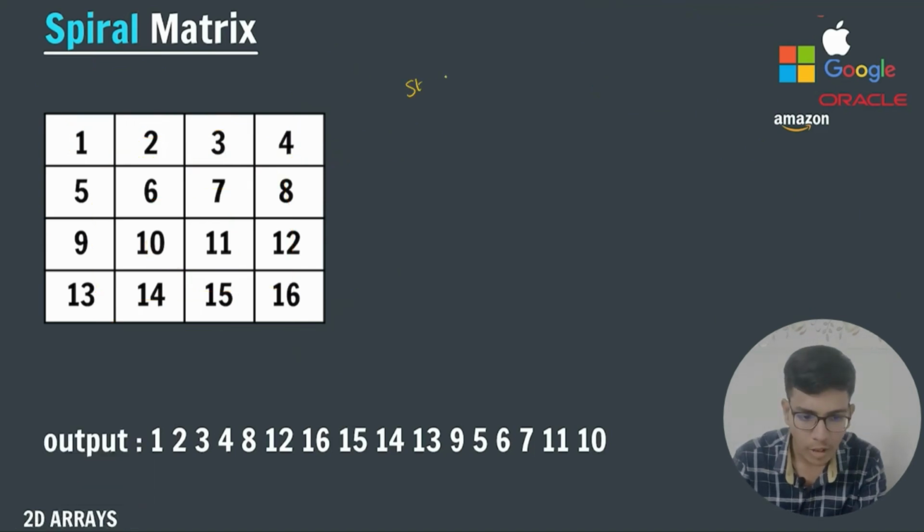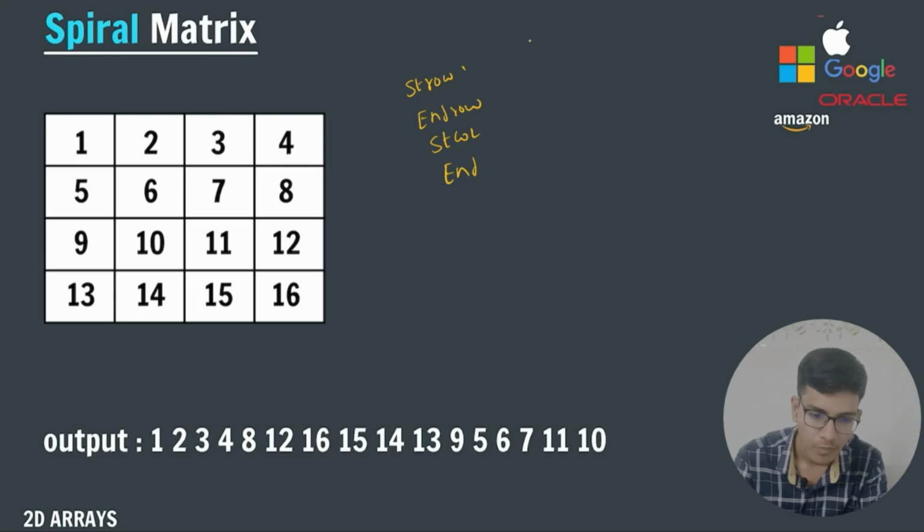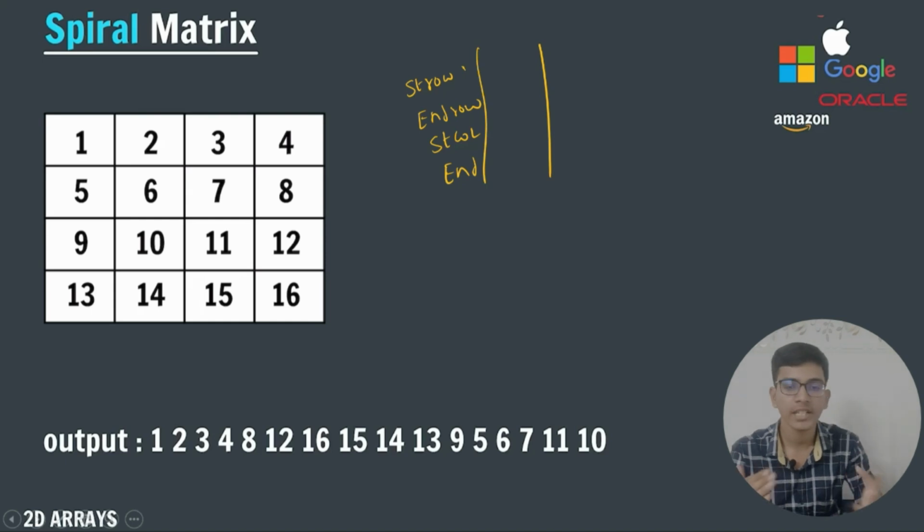Let me erase this, as I want to write in a clear format. So this is my starting column, this is my starting row. After that this is my ending row, starting column, ending column, right? First of all, I am starting at the 0th iteration. We will use loops to solve this particular question.